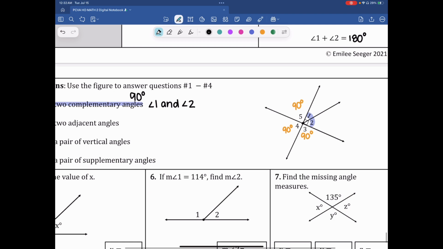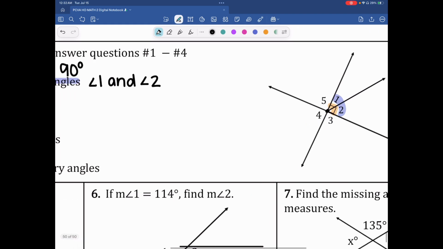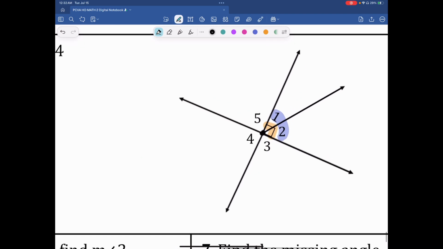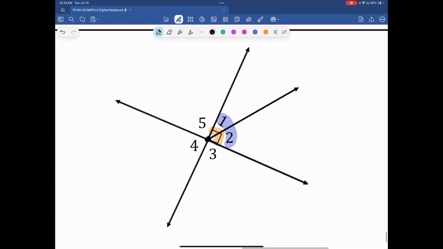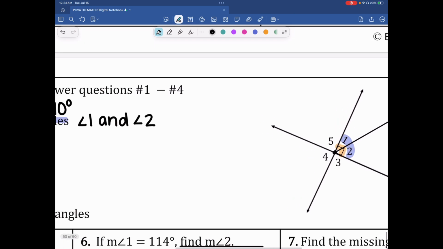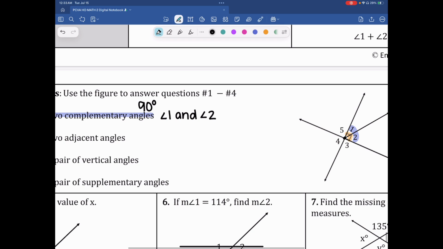Okay. So it says name two adjacent angles. There are lots of adjacent angles here, so there are several possibilities that we could list. Adjacent just means that they are side by side and they share a vertex and a side. So I could say I have a linear pair that's 1 and 5.